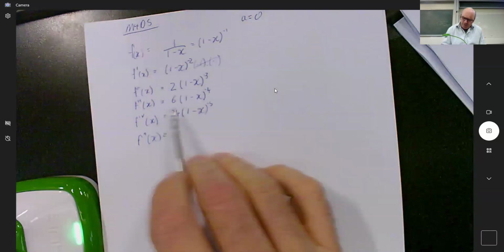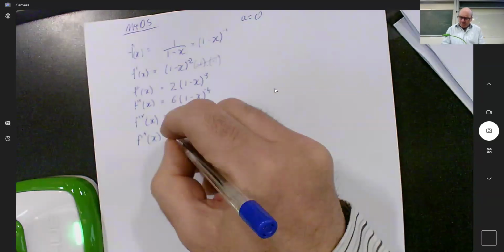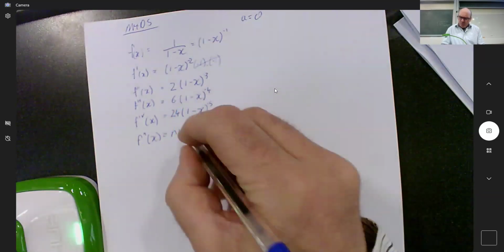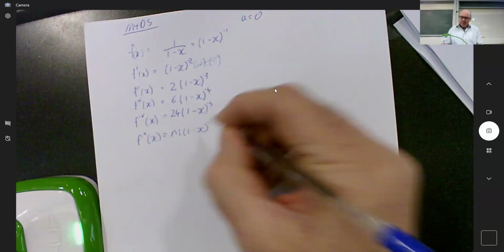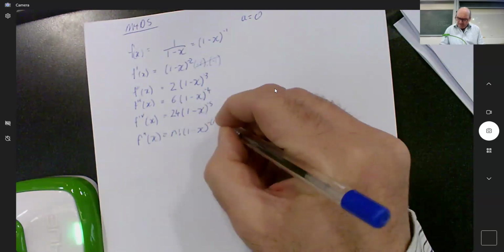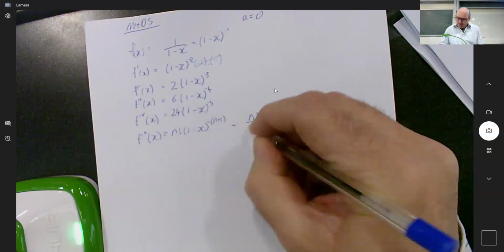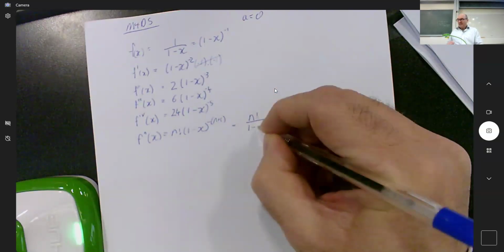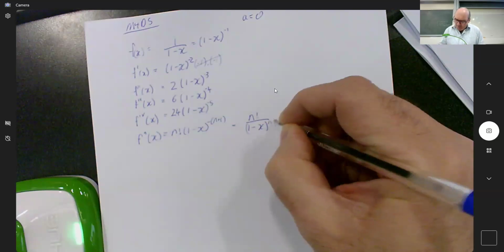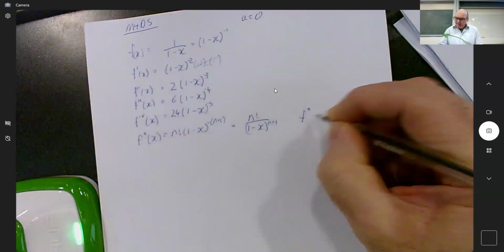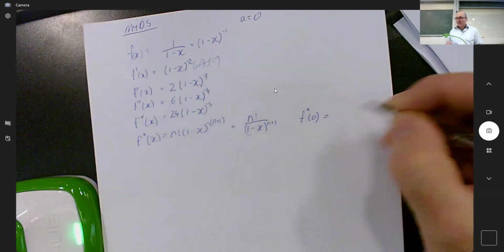So I'm going to go n factorial, 1 minus x to the minus, this number is 1 more, so it's like n plus 1. And I could write that as n factorial on 1 minus x to the n plus 1. All right. So the nth derivative evaluated at 0 is actually just going to be n factorial.